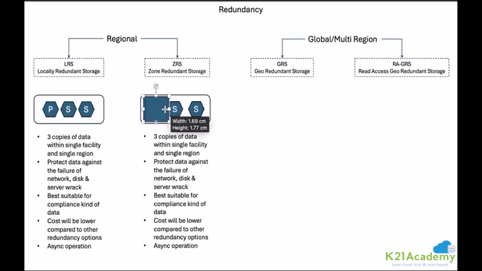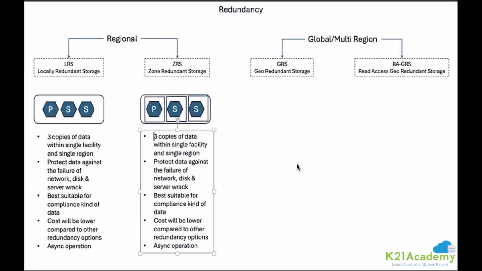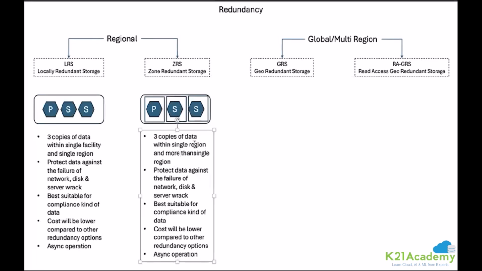You may have availability zones, right? ZRS by name, you can make out that zone is basically nothing but availability zone. So here it will be 3 copies of data within a single region and more than one facility.